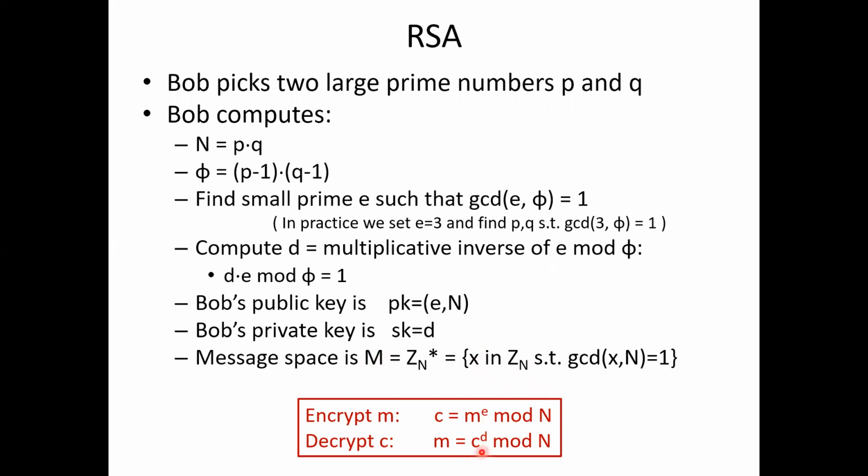And now encryption and decryption are sort of simple. You take a message to encrypt and you exponentiate it to this exponent e mod n. Decryption with the secret trapdoor d, which has this relation, works similarly to encryption.